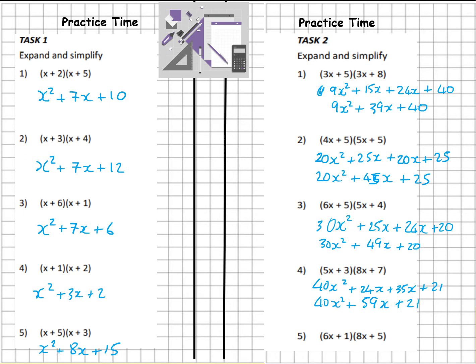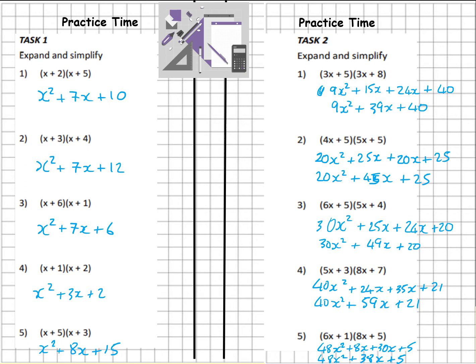And our last question is going to be 48x squared plus 8x plus 30x plus 5. And to simplify that answer down is 48x squared plus 38x plus 5. And there are our answers.